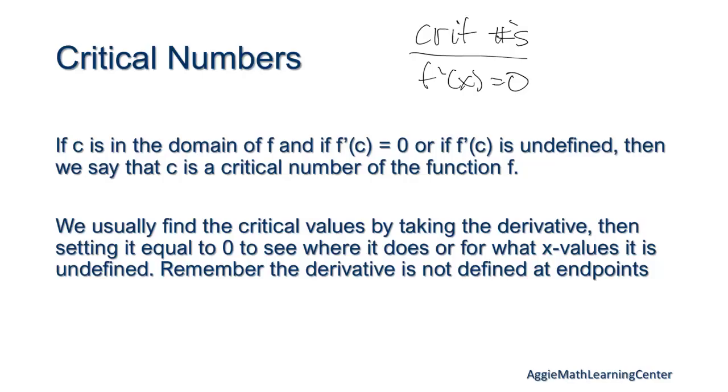There are a few more critical points as well if we're looking on a closed bounded interval. Does anyone remember? Those are the main ones that we think of, but there are a few more. So if our derivative is equal to 0, or if our derivative is undefined.